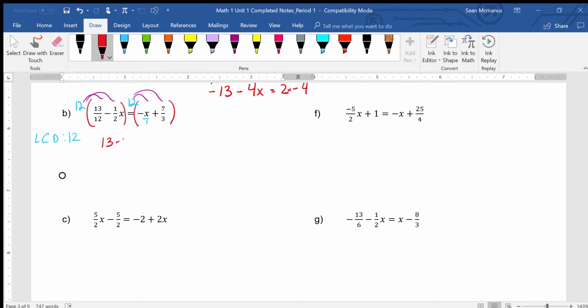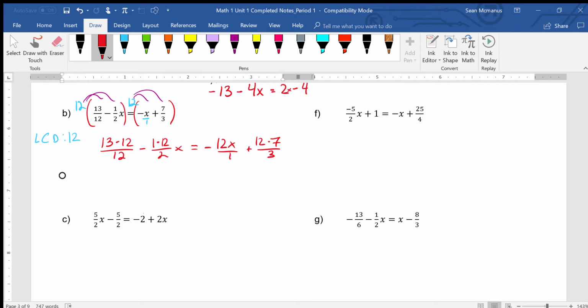I have 13 times 12 over 12 minus 1 times 12 over 2x equals negative 12x over 1 plus 12 times 7 over 3.